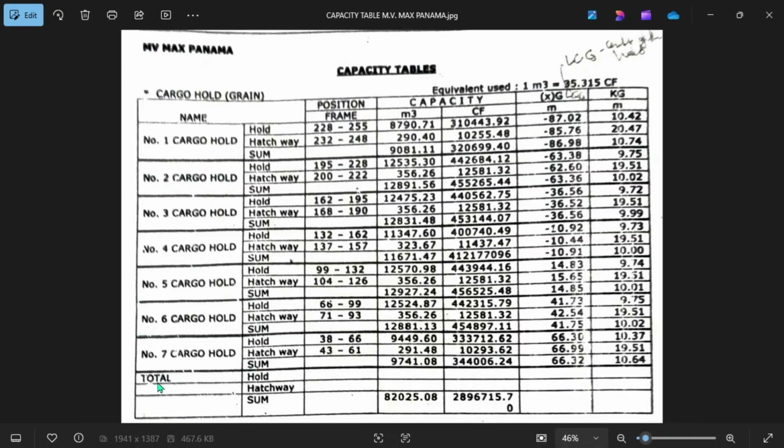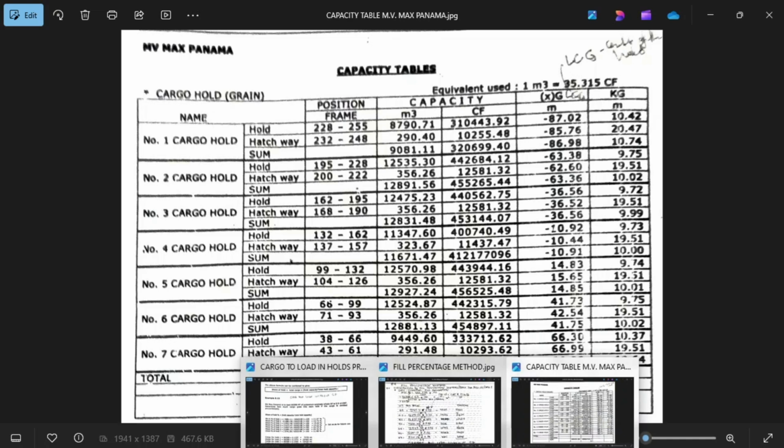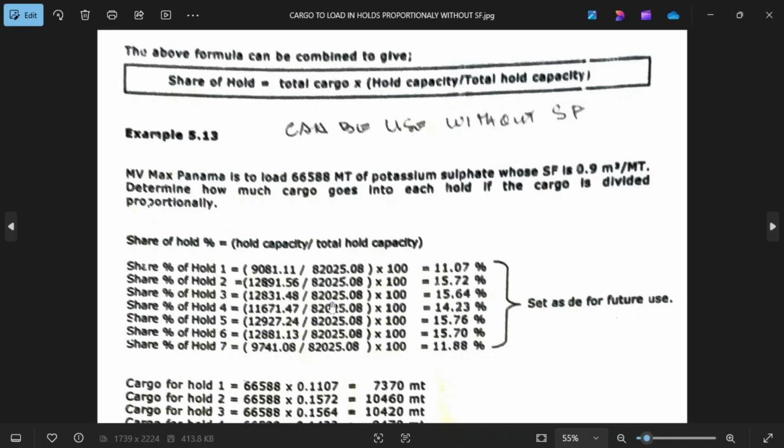Here, total hold, the sum is 82,025.08 cubic meters. I'm sorry, cubic meters. So this is the total hold capacity, 82,025.08, which is this one, guys.